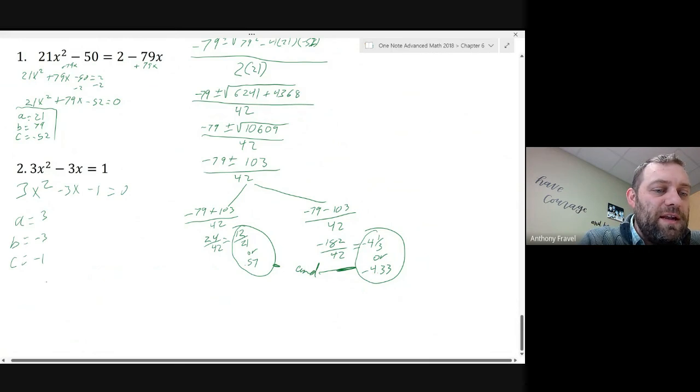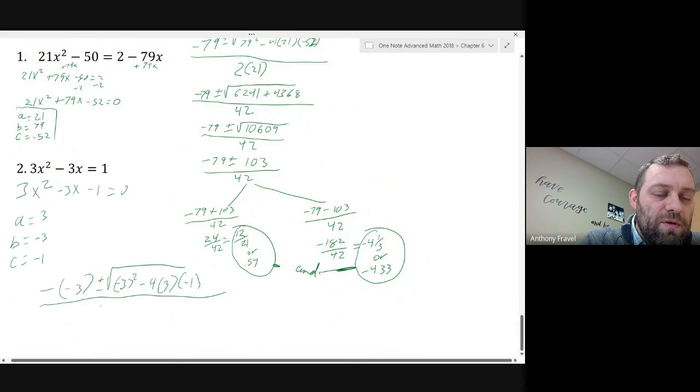You're still going to set it up the same way. So negative B, so negative times -3 plus or minus the square root of -3 squared minus 4 times A, which is 3, times C, which is -1. All that over 2 times A, so 2 times 3.